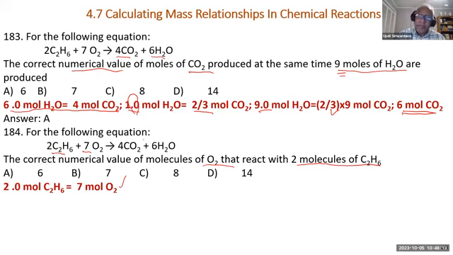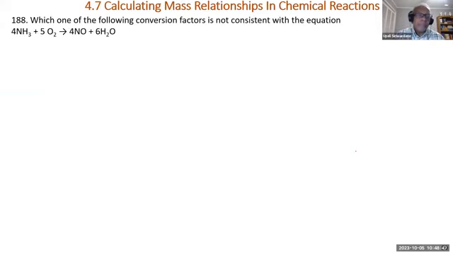Then if you look at this, it is the same as 2 moles, therefore it produced 7. You don't have to do anything. 7 moles of oxygen are produced. Therefore, the answer is B, 7. It happened to be easier because the ratio is the same as given in the question.